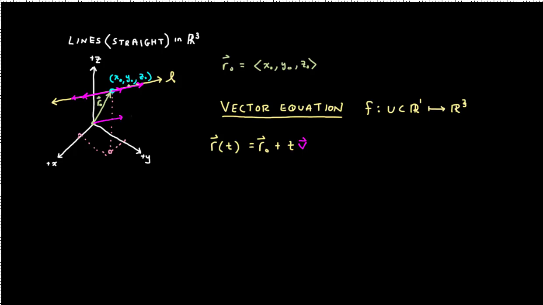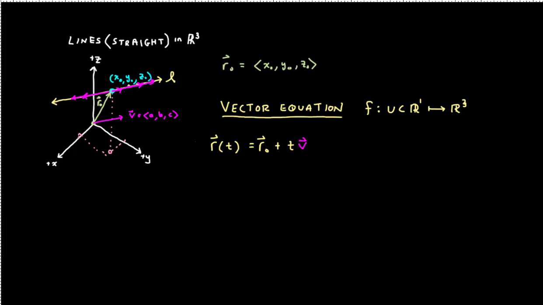For simplicity's sake, let's say that vector v is the vector a, b, c. All the pink vectors that I've drawn above here are all parallel to that vector. So this vector v gives us a direction. You can think of it as like the x slope, the y slope, and the z slope.